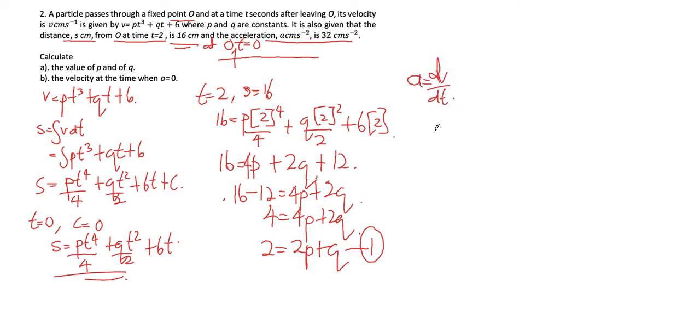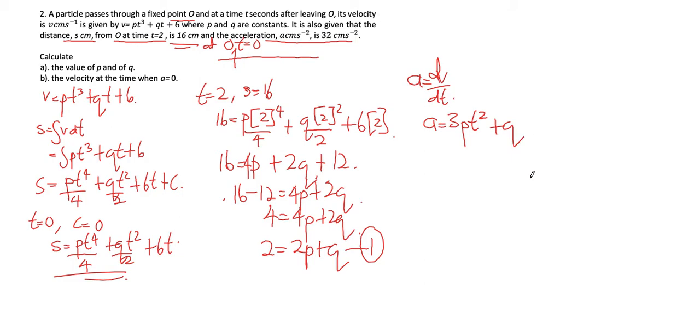So when I differentiate v, I'll get 3pt squared plus q.